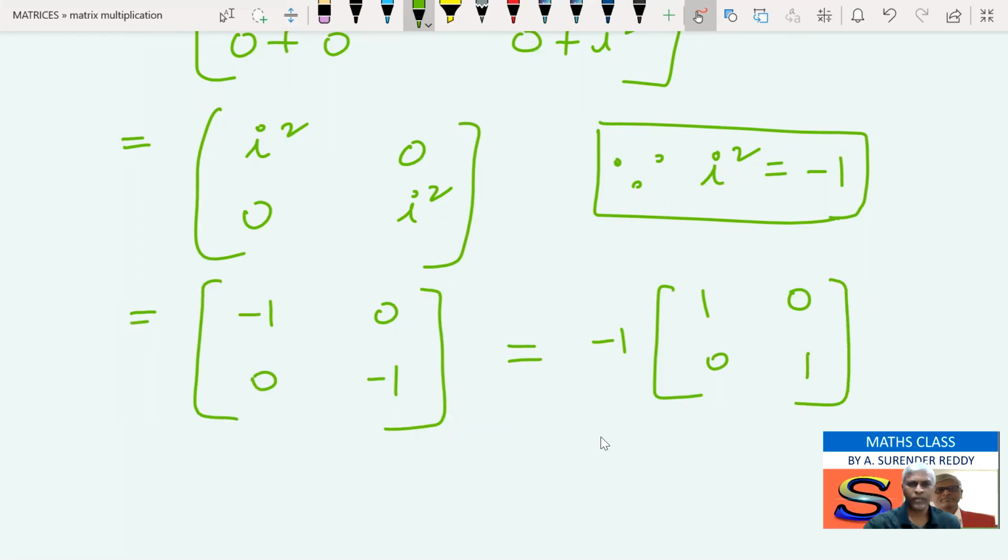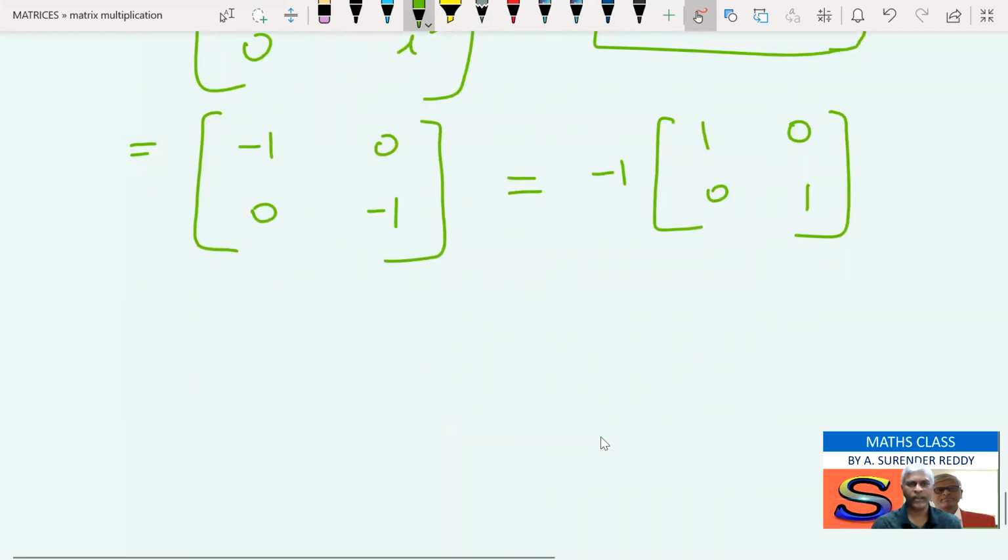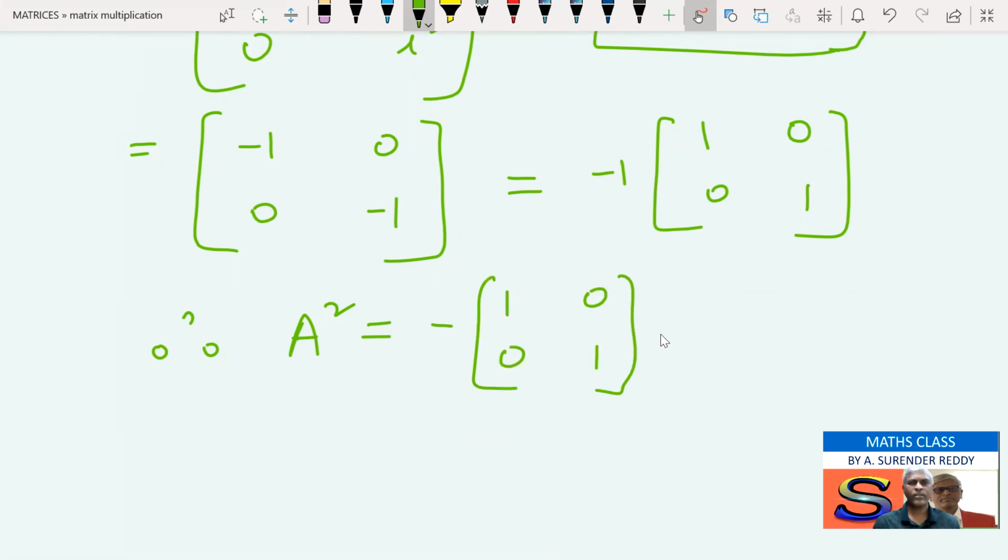So this is nothing but I. Therefore A square is equal to minus of [1, 0; 0, 1], or you can write minus, where [1, 0; 0, 1] is the identity matrix. So A square is equal to minus I.